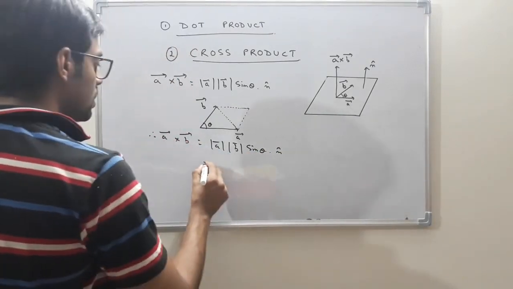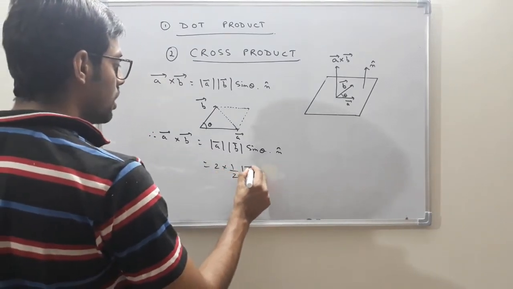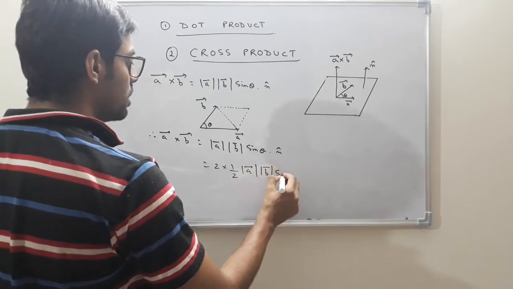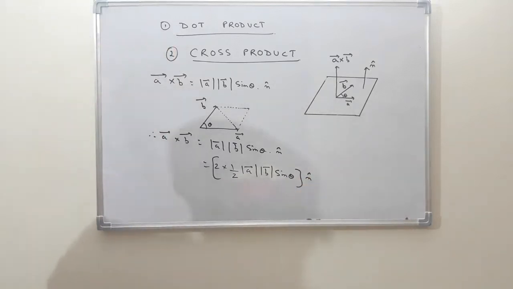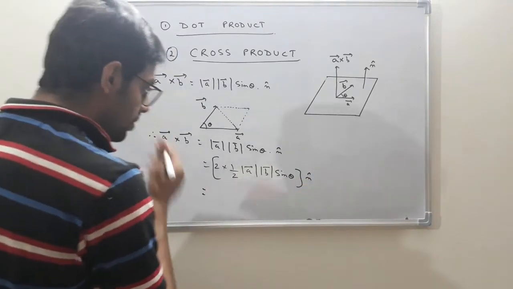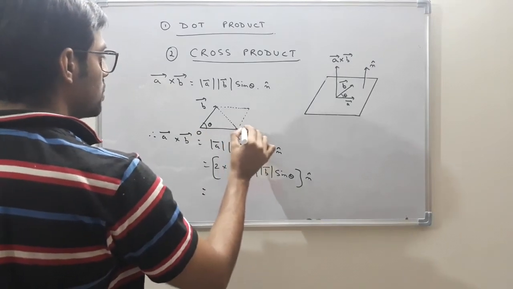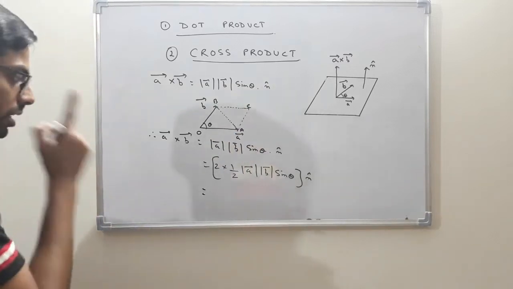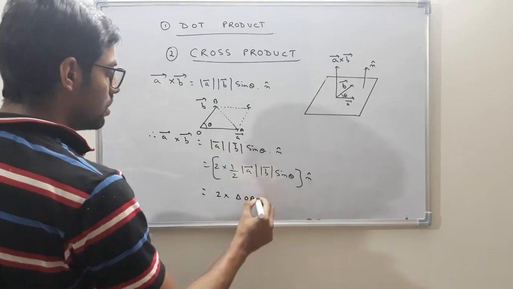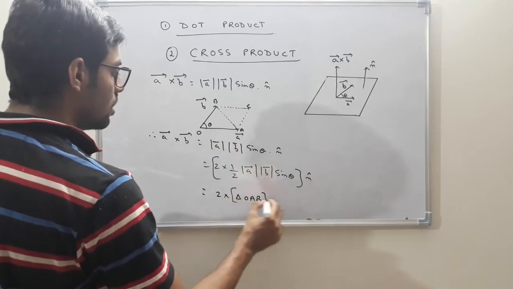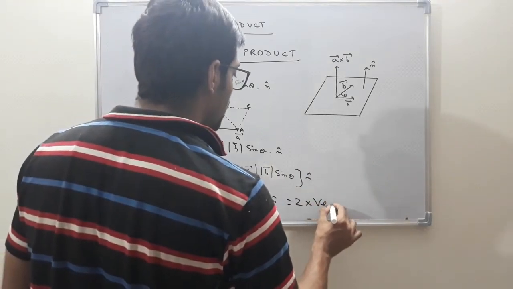Then we can write it as 2 into half into mod A mod B sin theta into n hat. Say it is triangle OAB. Then it is equal to 2 into area of triangle OAB into n hat, equal to 2 into vector area.